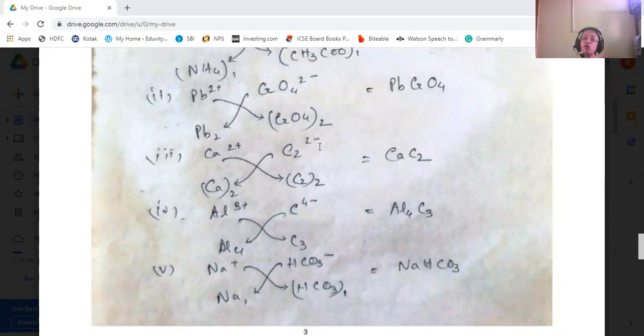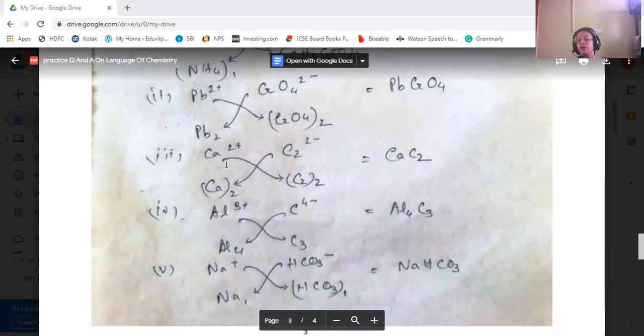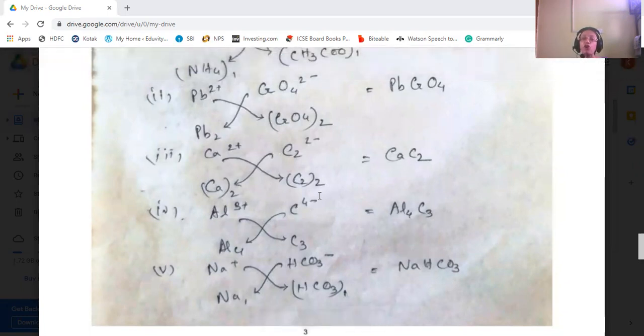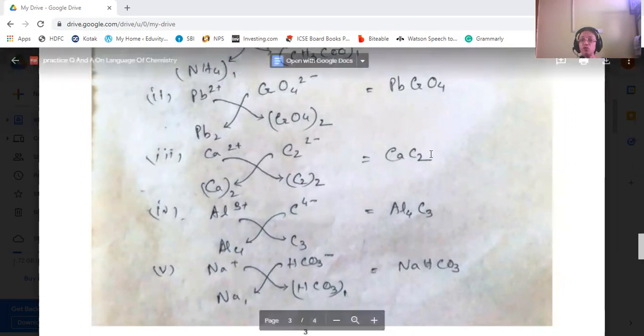Carbide has a valency of 4 minus, so it will be Ca2C, not CaC2. There's again a mistake, please rectify it. It will be Ca2C. Carbide has a valency of 4 minus, so the formula will be Ca2C.